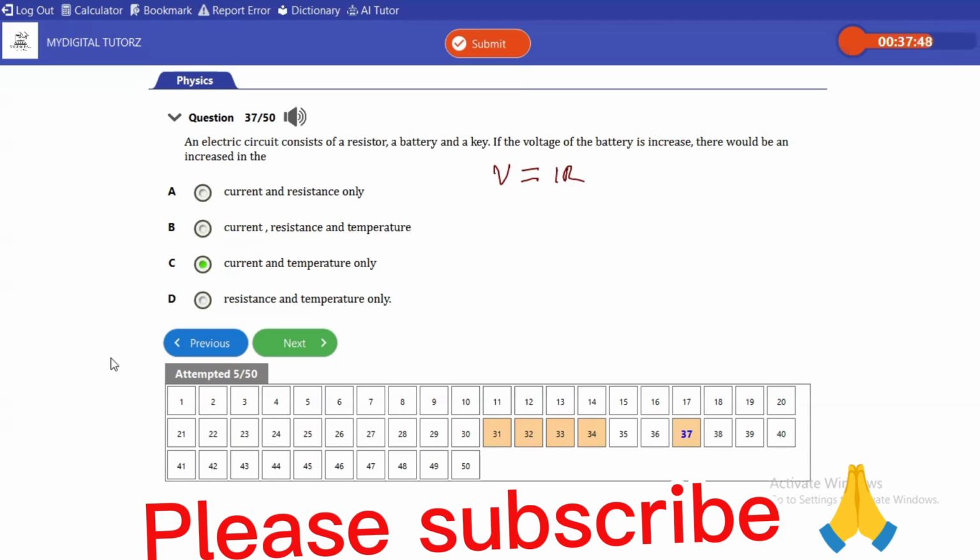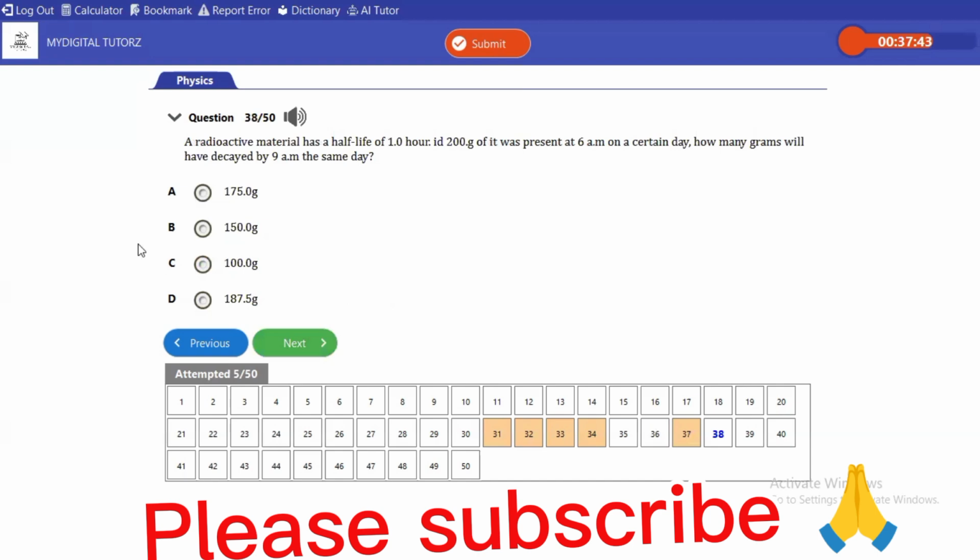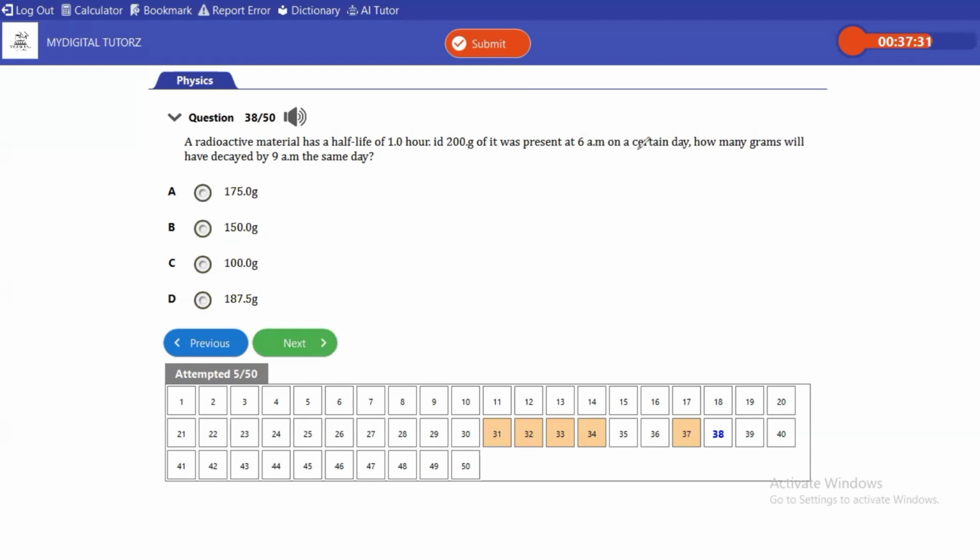Okay. Question 38. 38 says, a radioactive material has a half-life of 1.0 hour. If 200 grams of it was present at 6 a.m. on a certain day, how many grams will have decayed by 9 a.m. the same day?